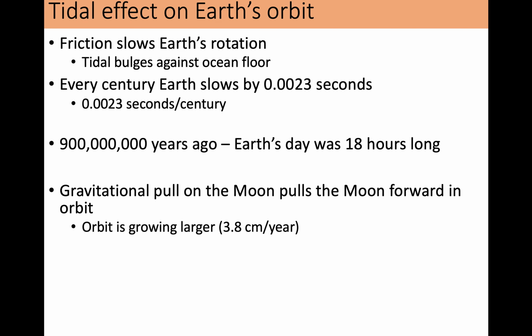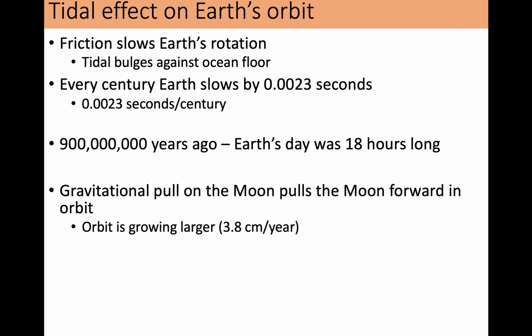They mentioned this at the end of the clip of the video that I showed you, but the tidal effect is actually slowing down Earth's rotation. There's a lot of friction, the tidal bulge against the ocean floor. It's actually causing the rotation of Earth to slow down.